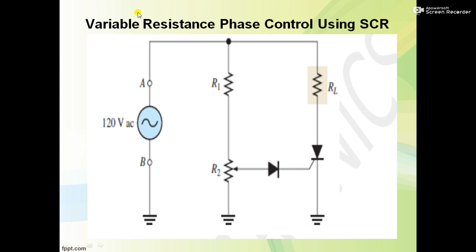Here the variable resistor is R2, and this R2 is connected to the positive of diode D1. Phase control means that we apply the AC input voltage, and the phase of that AC input voltage we are controlling by the SCR. So this is our SCR. This is the potentiometer, diode D1, this is the SCR, and this is the load resistor.